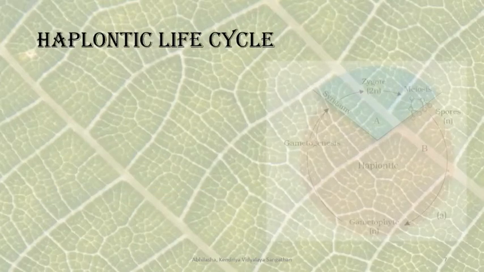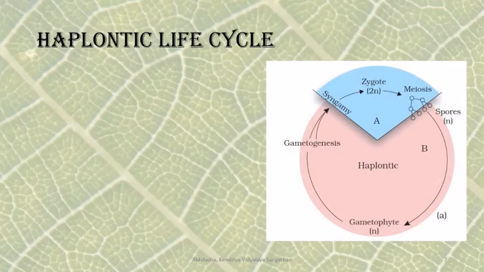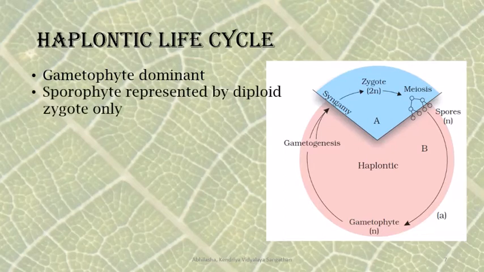The first one is the haplontic life cycle. In the haplontic life cycle, the gametophyte or the haploid phase is dominant. The sporophyte is represented by the zygote only. Here you can see that syngamy leads to formation of zygote, and immediately after zygote formation, meiosis occurs, leading to formation of spores.